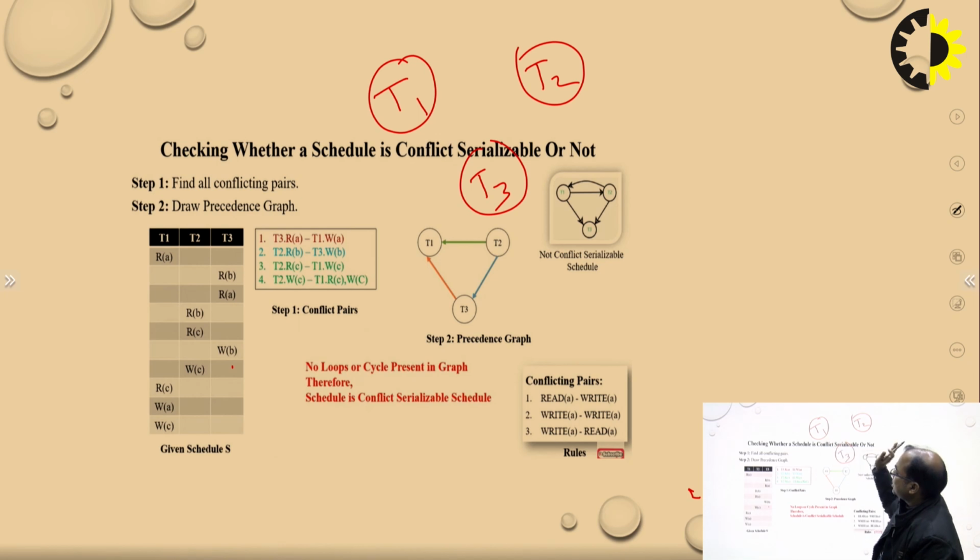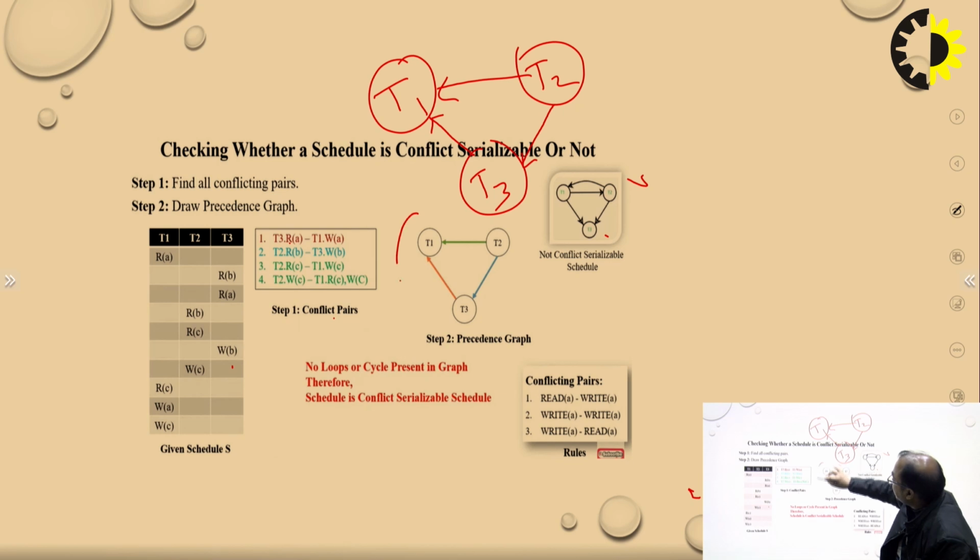Now start seeing that T3 to T1 is a conflict. Draw a straight line from T3 to T1 with an arrow mark towards T1. Next is T2 to T3. Draw a straight line with an arrow mark towards T3. Next is T2 to T1. This is the next conflicting pair; no need to draw it again.